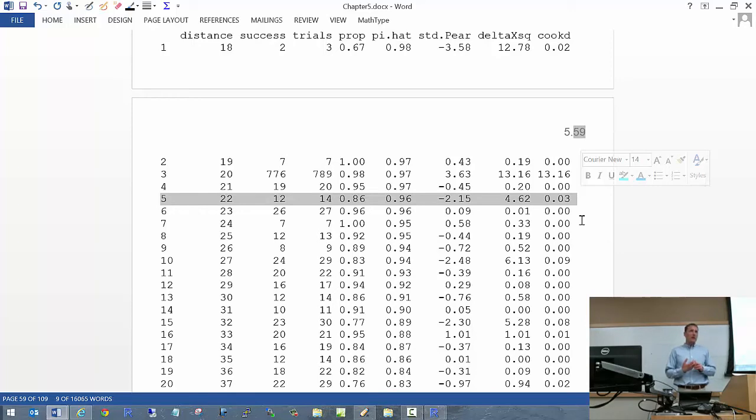And do you think you're going to have a standardized Pearson residual less than minus 2 anymore? No. And so just because one trial of those 14 wasn't a success, essentially, that's what's causing this. And it all has to do with, in this particular case, the fact that we have such a high probability of success.